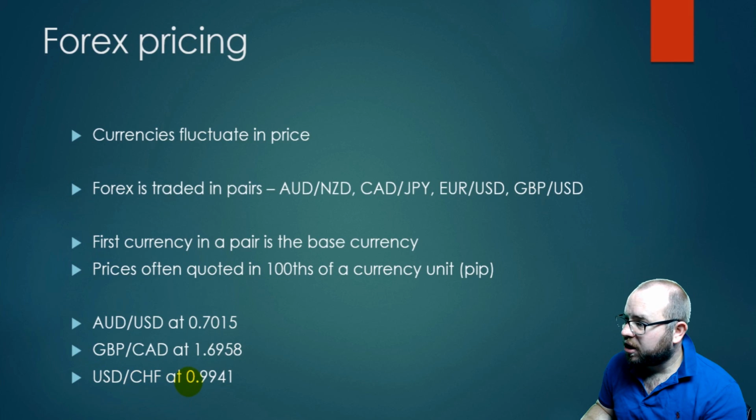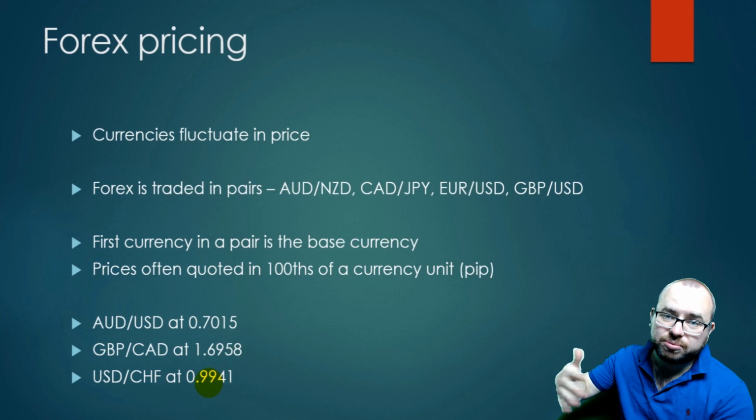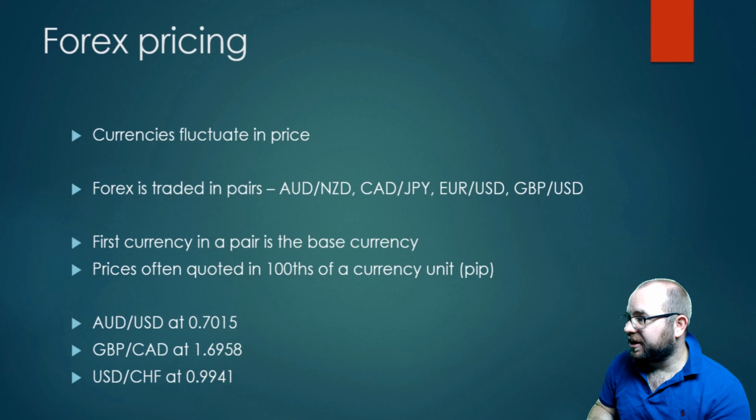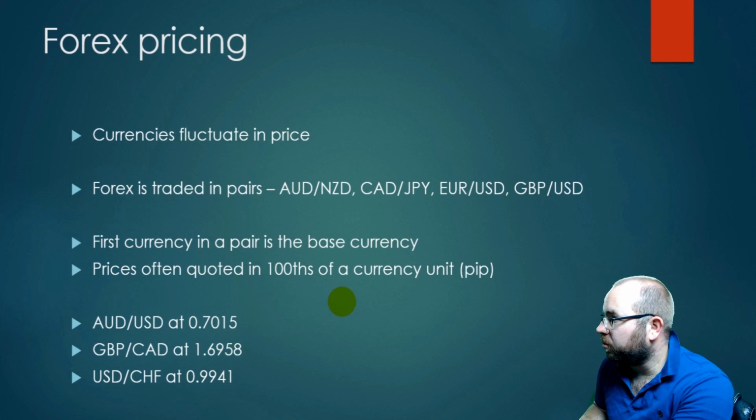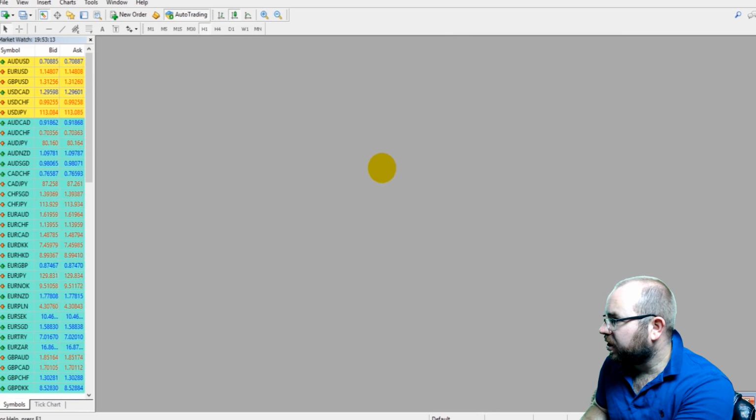US dollar, Swiss franc, 0.9941. Let's say price moved up to 0.9950. It's actually appreciated. It's moved up by 9 pips. Now, to just demonstrate this to you, let's just bring this down. So here we go.